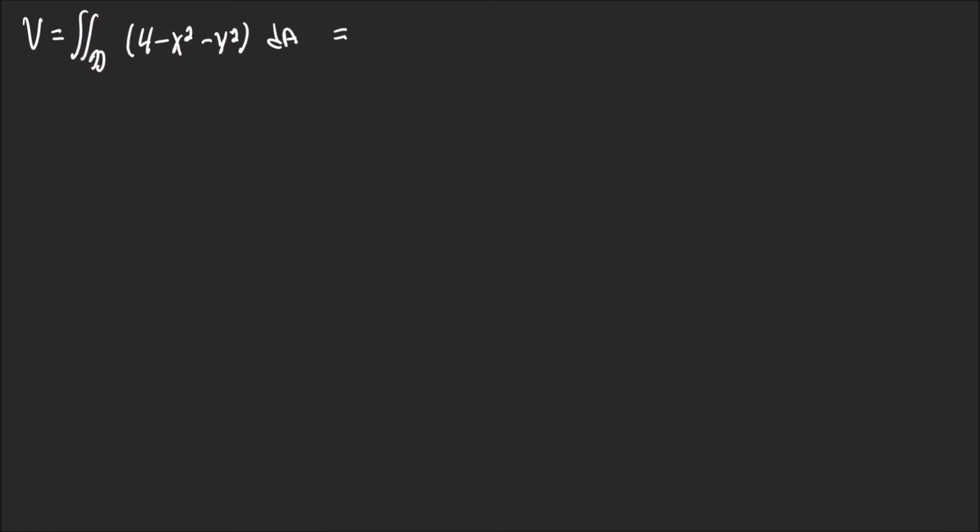So this equals the integral from minus pi over 2 to pi over 2 times the integral from 0 to 2 cosine of theta of 4 minus r squared r dr d theta.